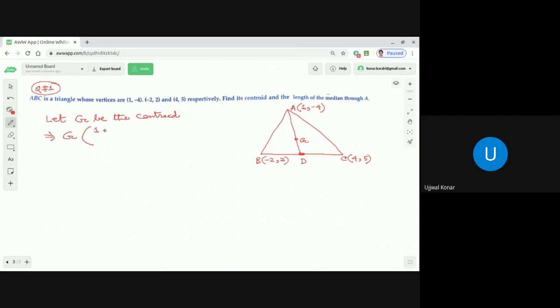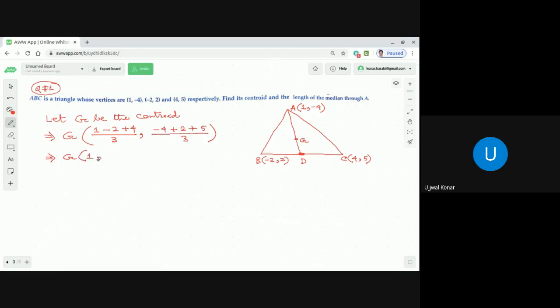That means x coordinate of the point A, that is 1, plus x coordinate of the point B, that is minus 2, plus x coordinate of the point C, that is 4, divided by 3, comma y coordinate of the point A, that is minus 4, plus y coordinate of the point B, that is 2, plus y coordinate of the point C, that is 5, divided by 3. So from here, 4 plus 1, 5 minus 2 is 3 by 3, that is 1.